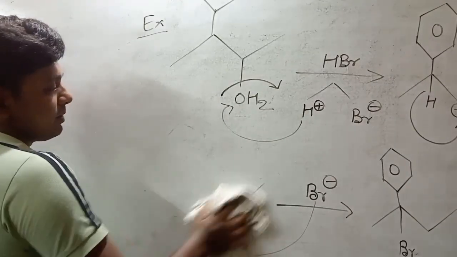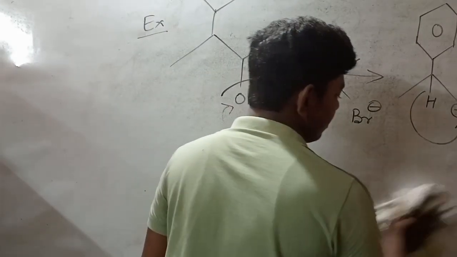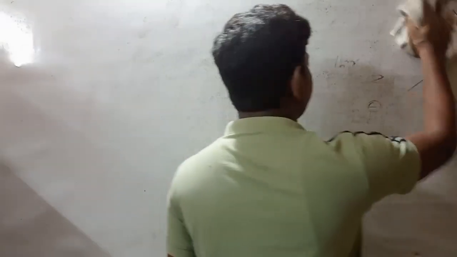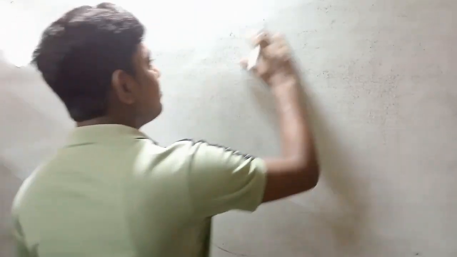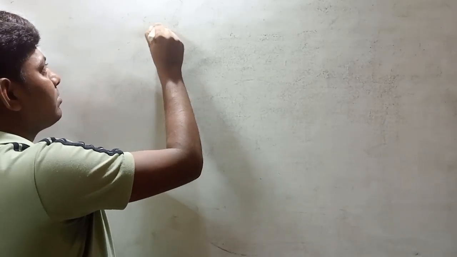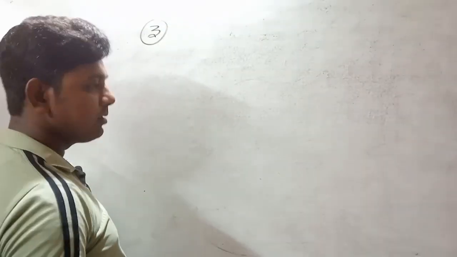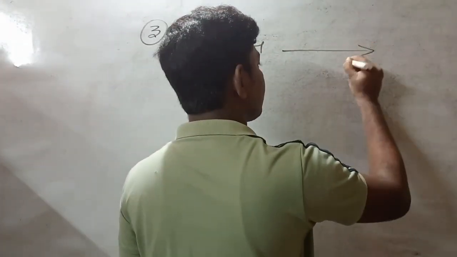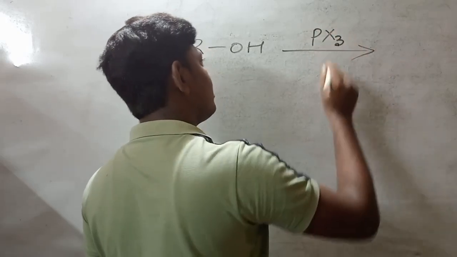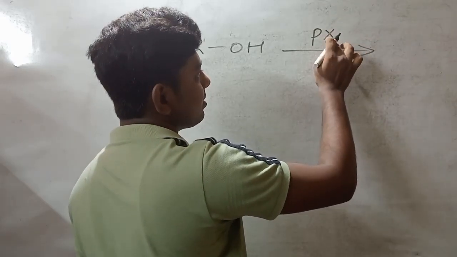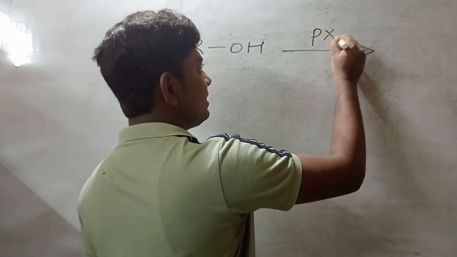Next reaction: the method of preparation of haloalkanes with the help of PCl5, phosphorus pentachloride. Previously we already learned about PX3, now PX5.